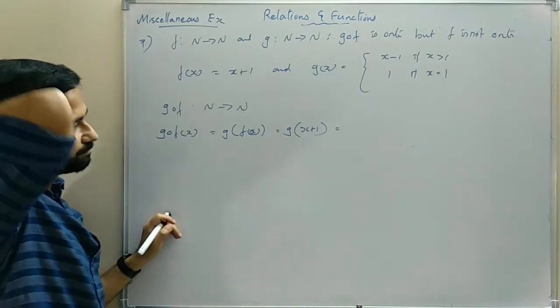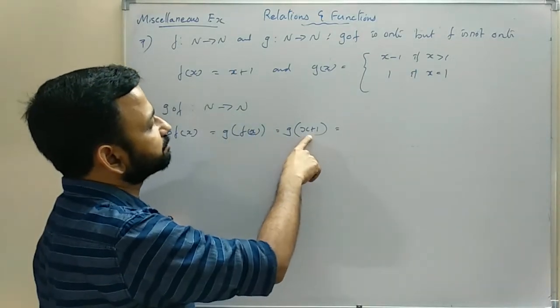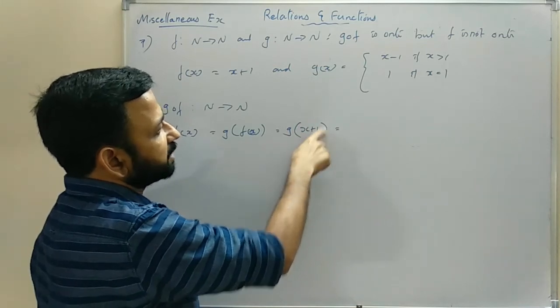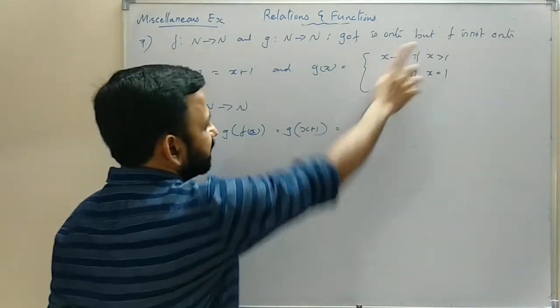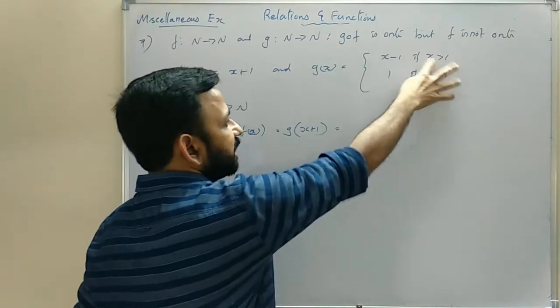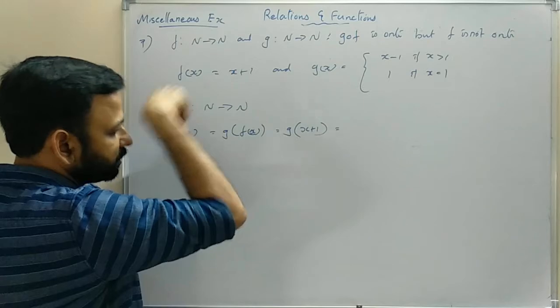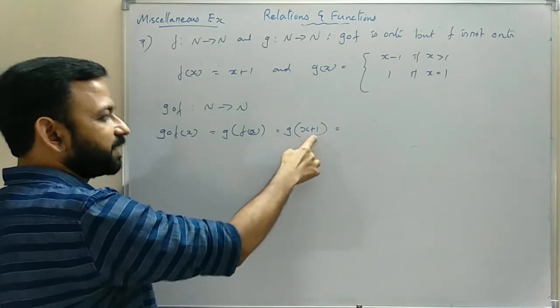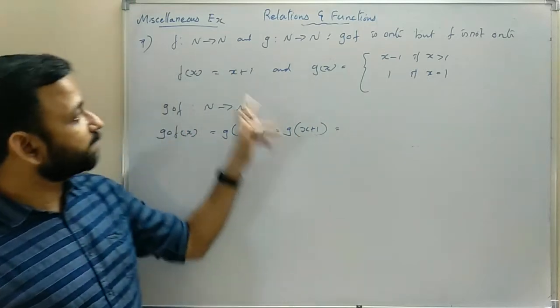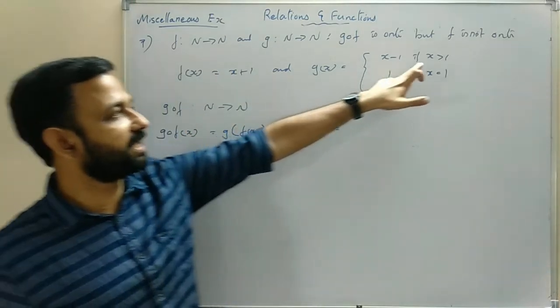So here, g of x plus 1: in this case x plus 1 is greater than 1. When x is any natural number and we replace x by it, x plus 1 is greater than 1.